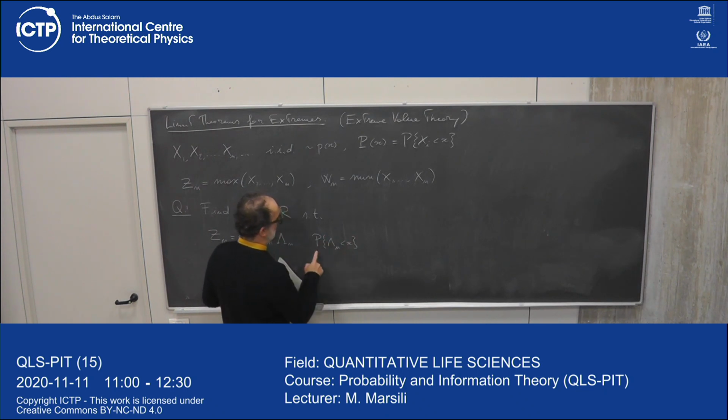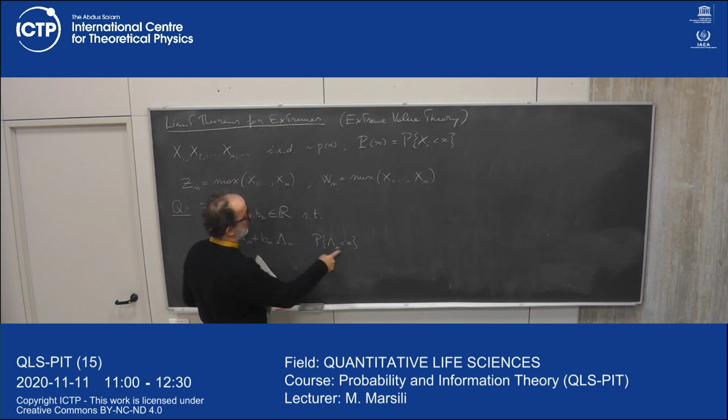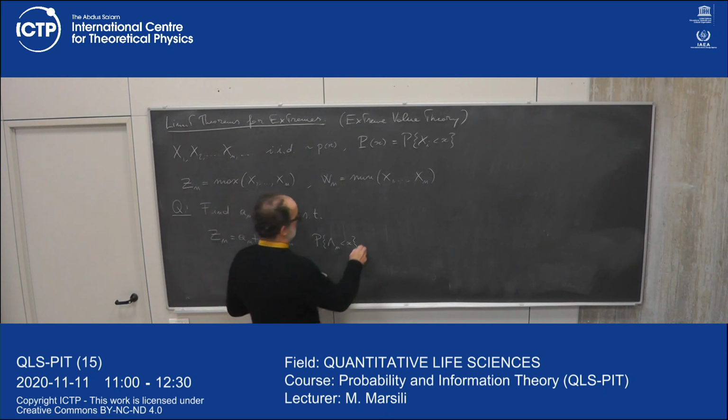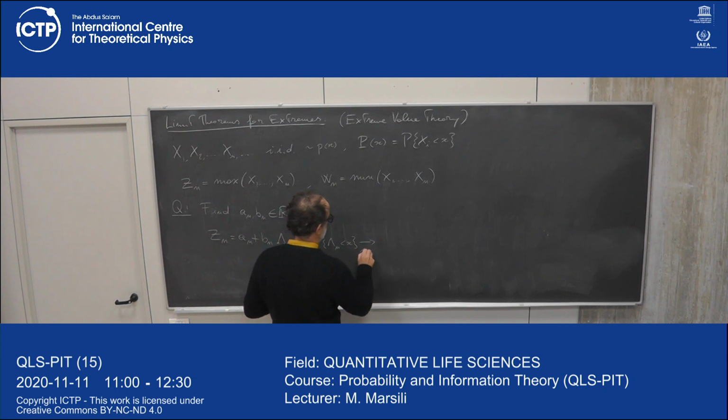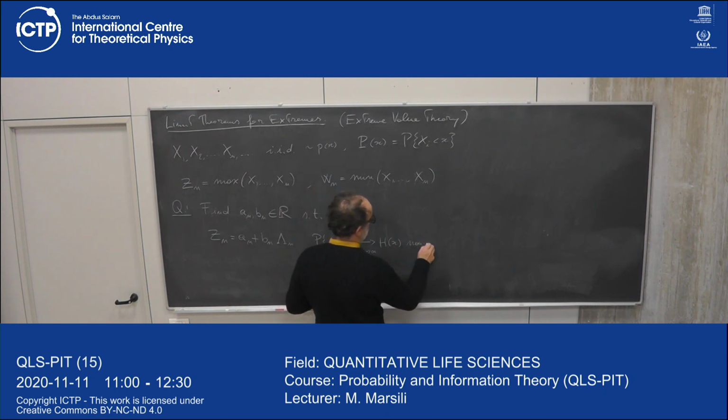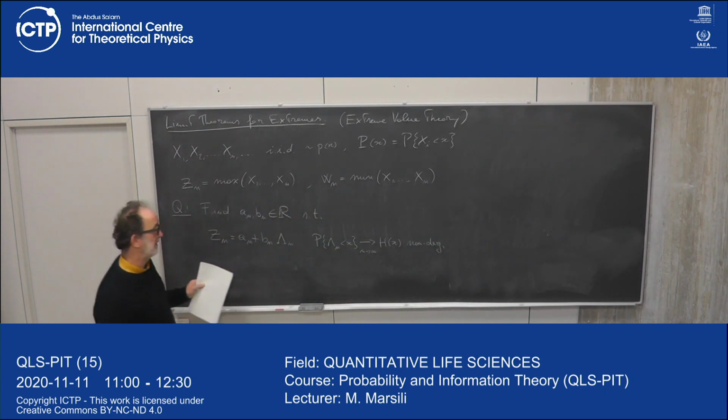So I want the cumulative distribution of lambda n to converge, as n goes to infinity, to a cumulative distribution that we call H of x, which is non-degenerate.